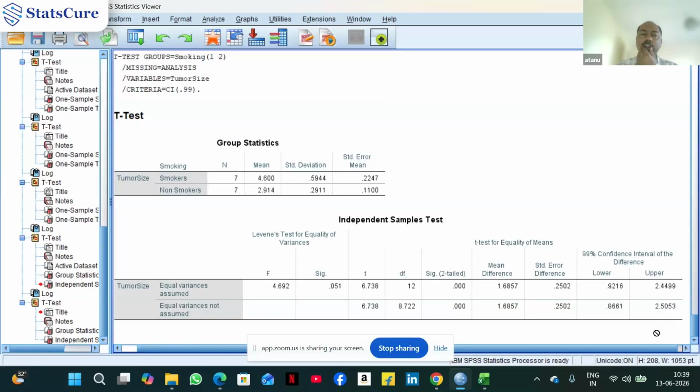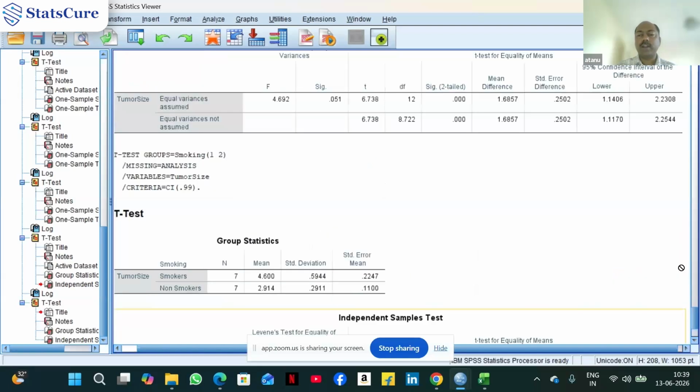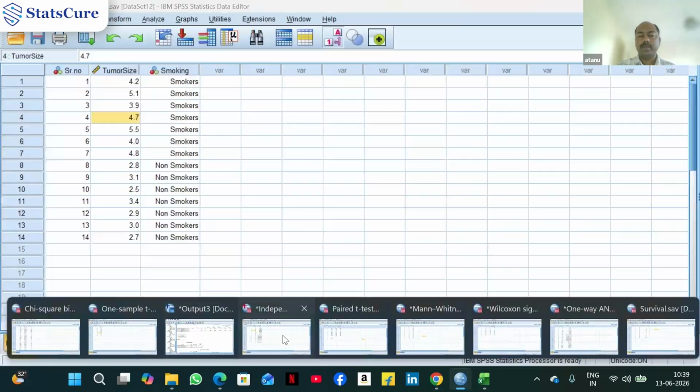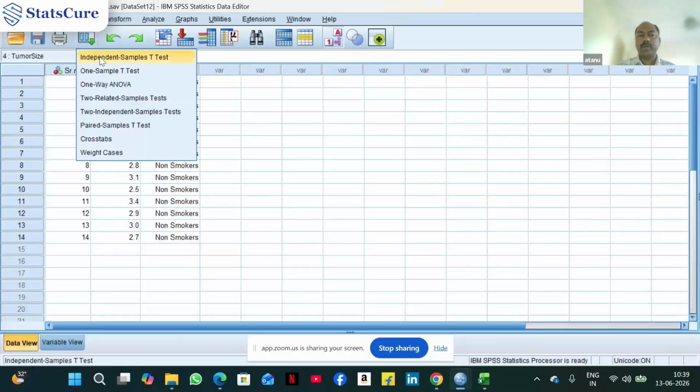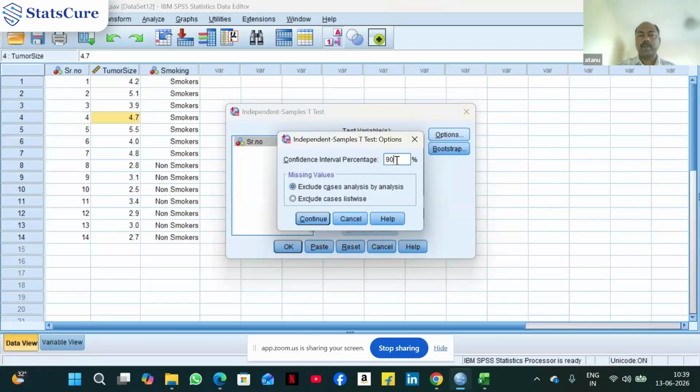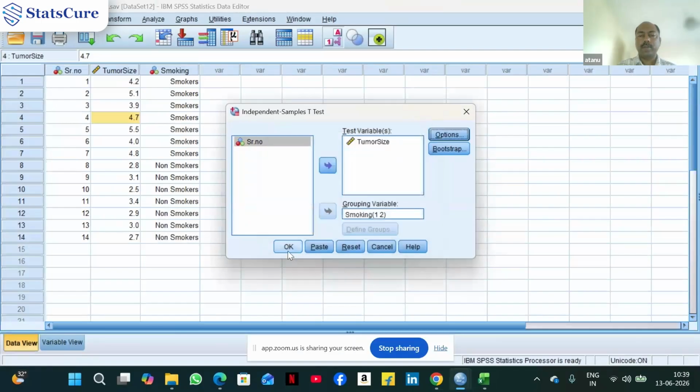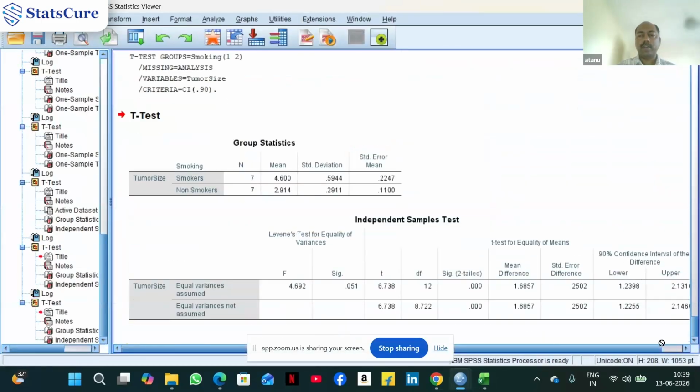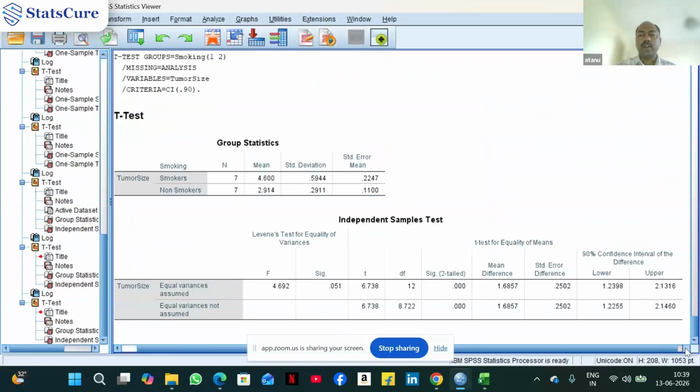Now go again, replace 99 with 90. Then let's see. So see, it is now a smaller one, right?